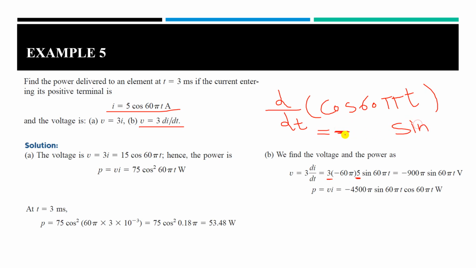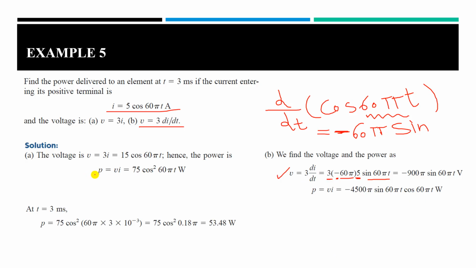Okay, so we have negative sine 60 pi t, then multiplied by the derivative of the angle. Derivative of 60 pi t is 60 pi. So we have 60 pi here. So this multiplication will give us negative 900 pi sine 60 pi t volt. Okay, this is our voltage.